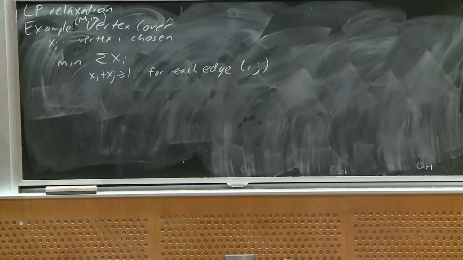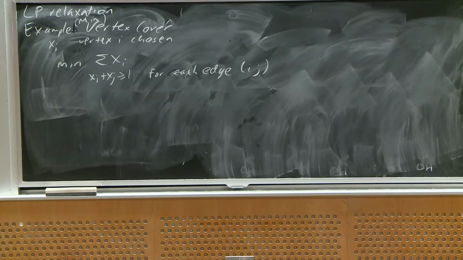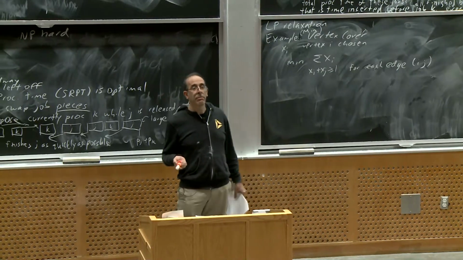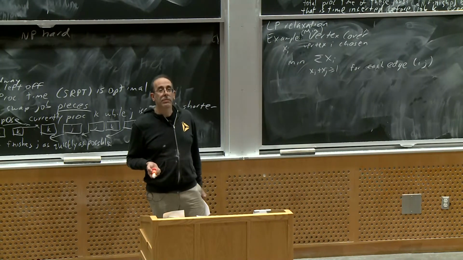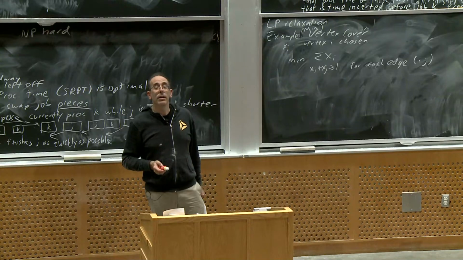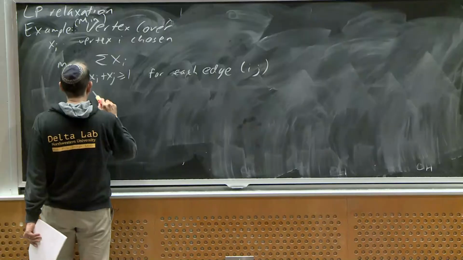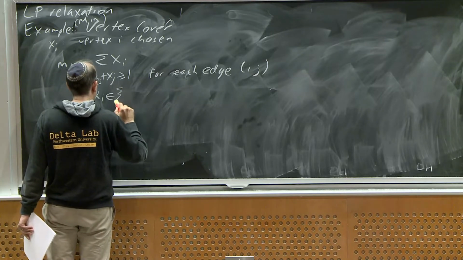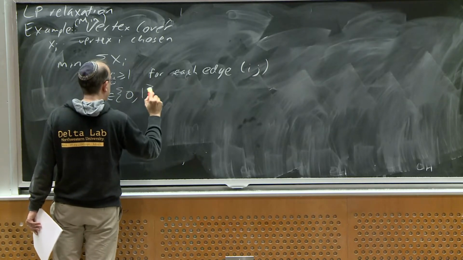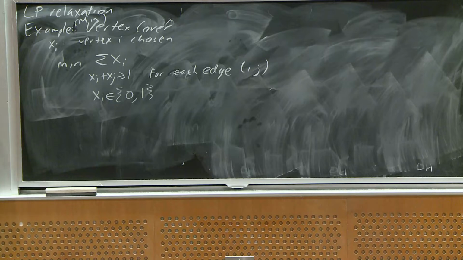Now, as it stands, this doesn't quite capture the vertex cover problem. Why not? They don't have to be integers. So to fix that, I'm just going to add a requirement that every x_i be 0 or 1.